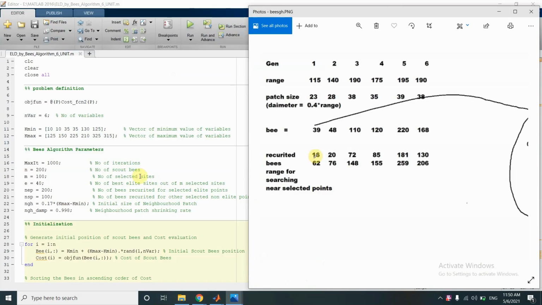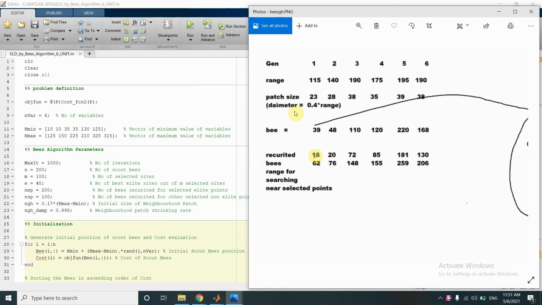Now once we have got the range, we take the radius. For the algorithm we are taking the radius as 0.17 of the range, but for simplicity I am taking it as 0.2 in this example. So if the radius is 0.2, the diameter would be 0.4.